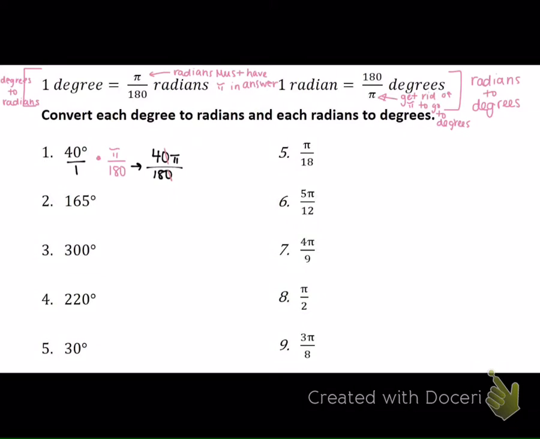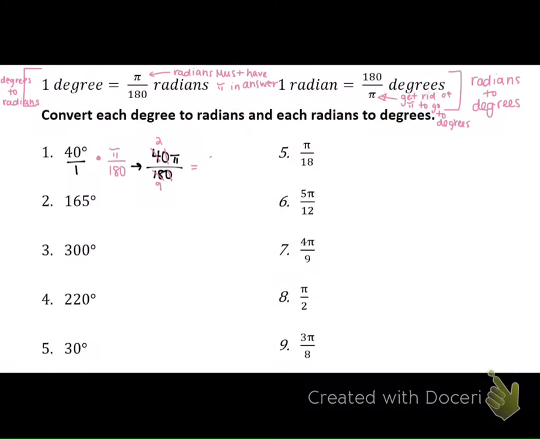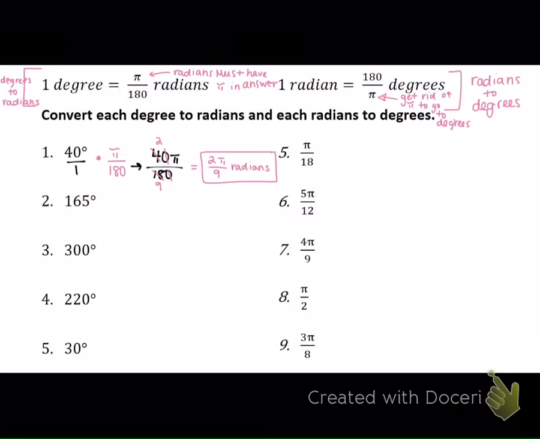What goes into both 4 and 18? 2. So if I divide both by 2, I get 2 over 9. So this is 2 pi over 9 radians. You can put rad after it if you want to.